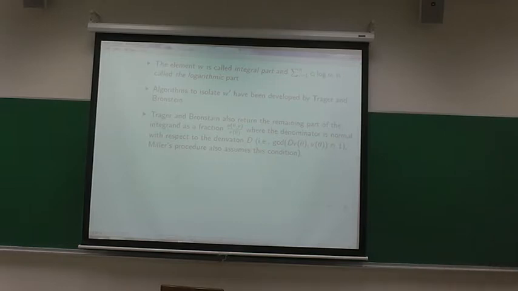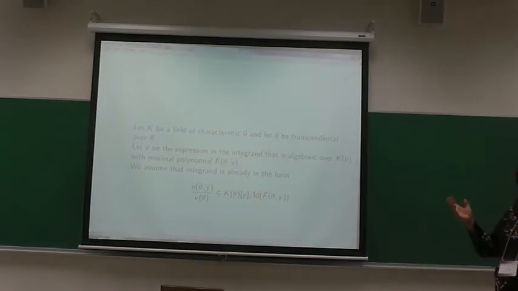Miller assumes this condition in his work, so he is not worried about computing this part; rather he uses Trager's and Bronstein's procedures to get it, and goes from there.